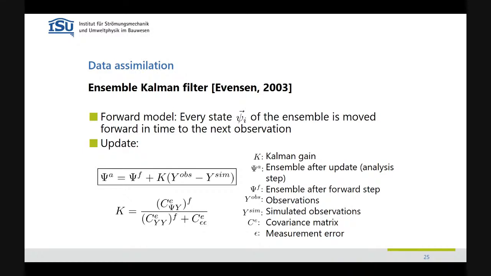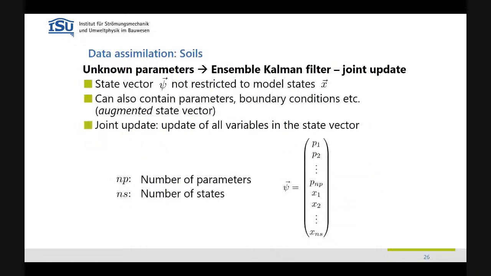Okay, and I don't want to go into detail how it is derived. One thing has to be clear, there are a lot of assumptions in there about linearity, Gaussianity, and so on. But this is how it's used here. And one word: I can do this not only having in my state vector my model states, so pressure heads in my case, but also my model parameters.